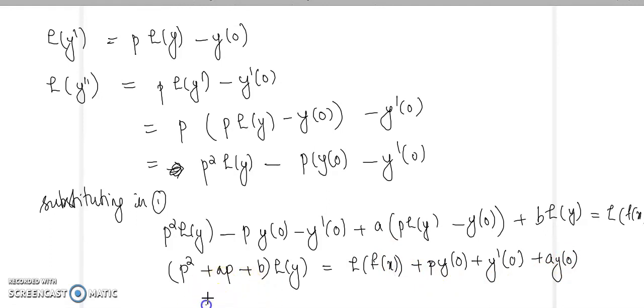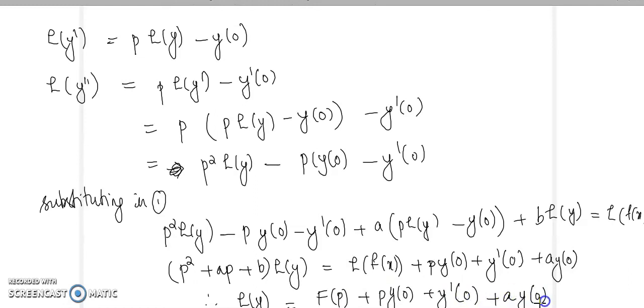Okay. So therefore L of y will be L of f of x, plus p y of 0 plus y dash of 0 plus a y of 0, by p square plus ap plus b.